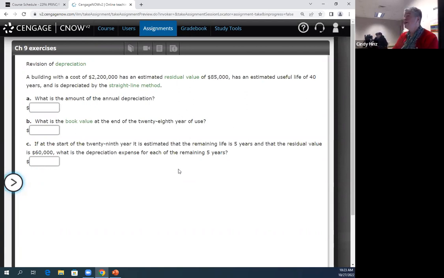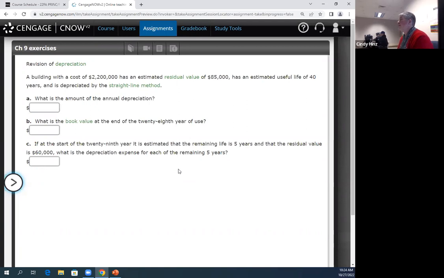And so when that happens, when we learn new information and it's a material change, that is, it's a change that would make a difference to a decision maker, we may have to do what we're going to do here, which is revise our depreciation partway through the life of that asset to take into account what we now know to be the case.